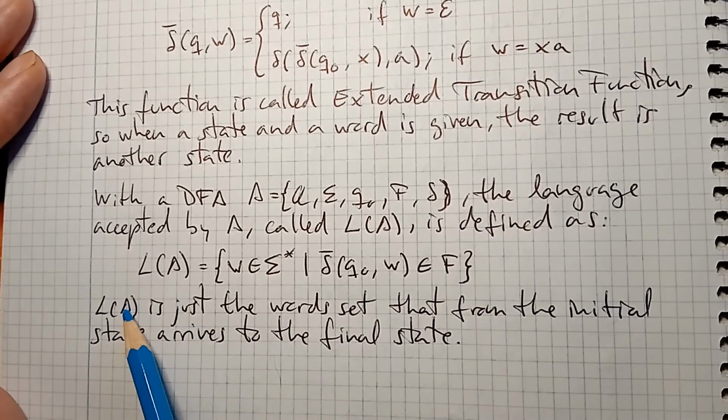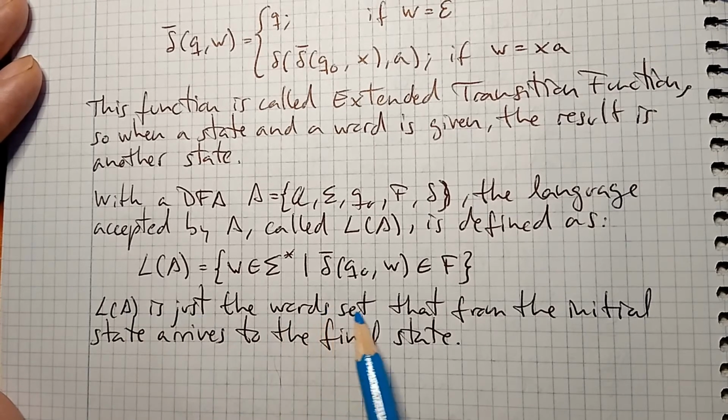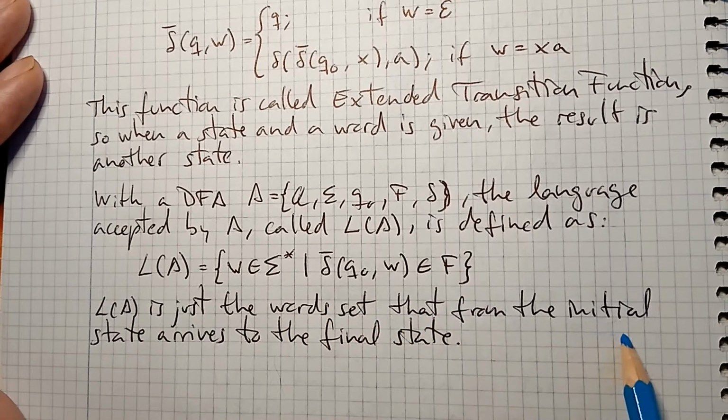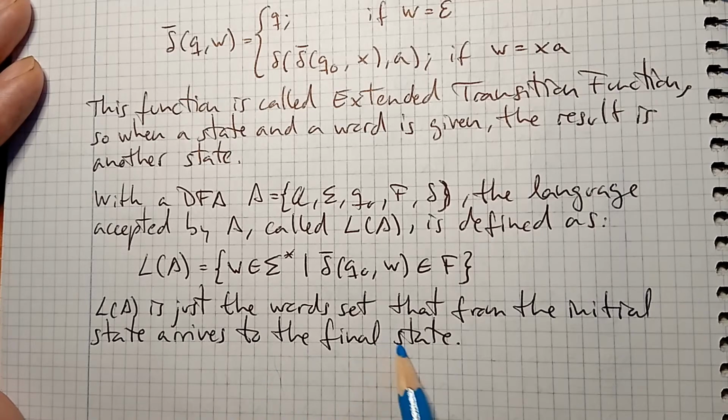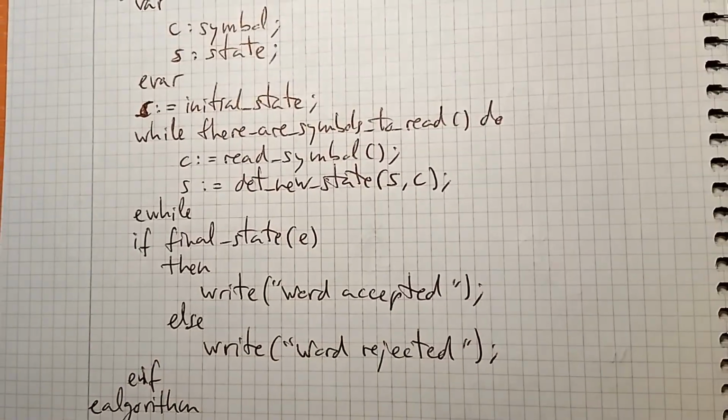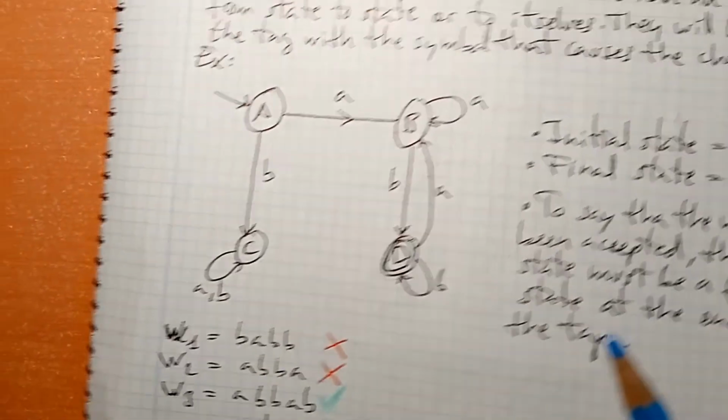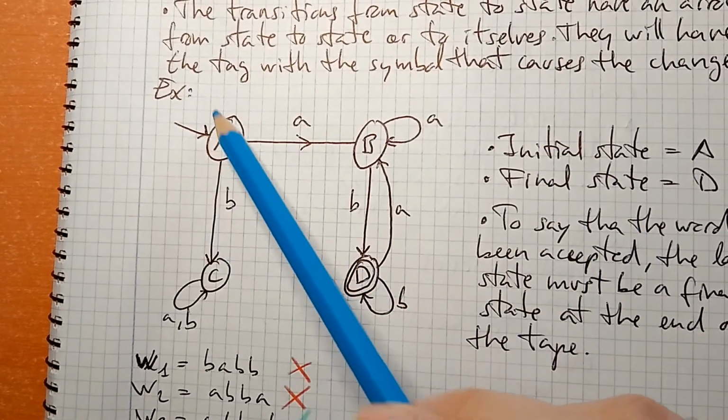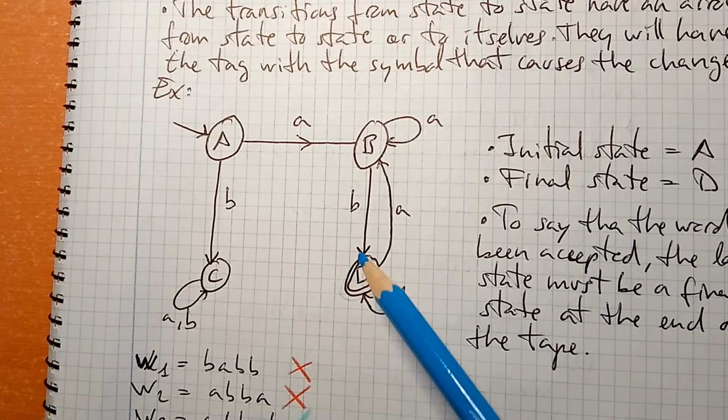So in natural language, L(A) is just the set of words that from the initial state arrive to the final state. So it's the set of all words that begin with A and finish in D.